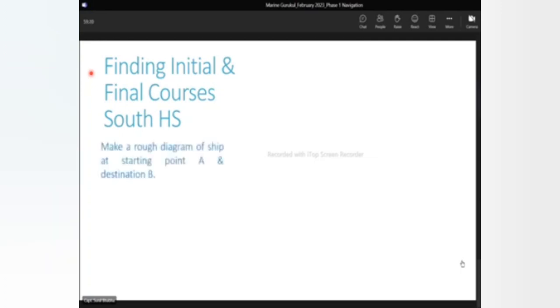So let's first make a rough diagram of the PAB triangle and then the diagram of the ship at the initial and final positions. In this case we are in the southern hemisphere, so I take the south pole at point P here. Our starting position is at A and the destination position is at B.